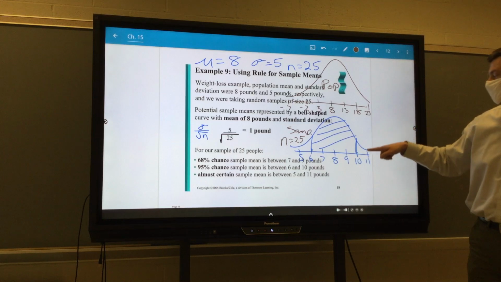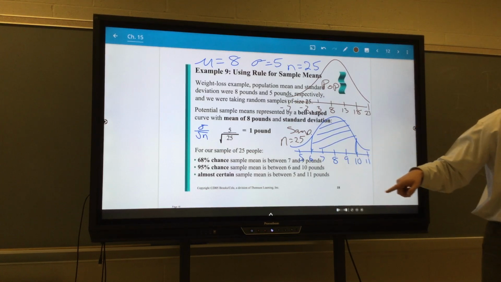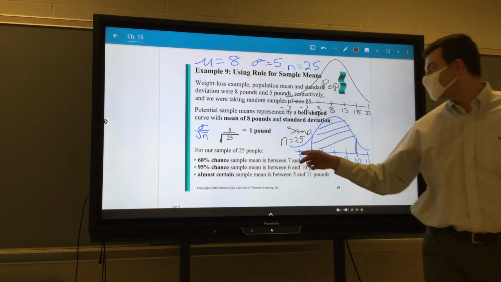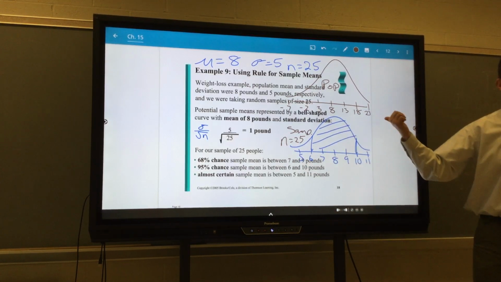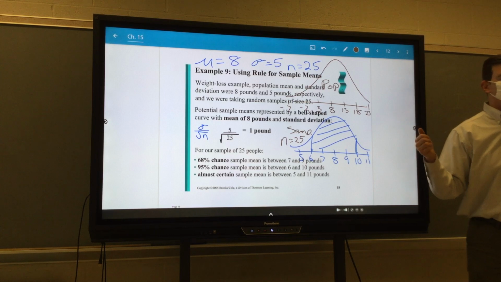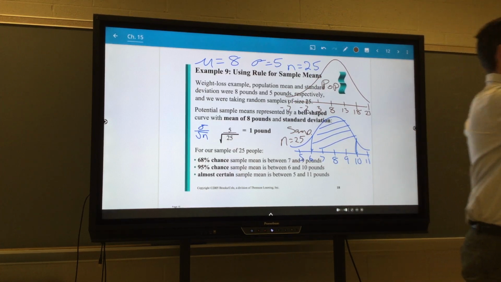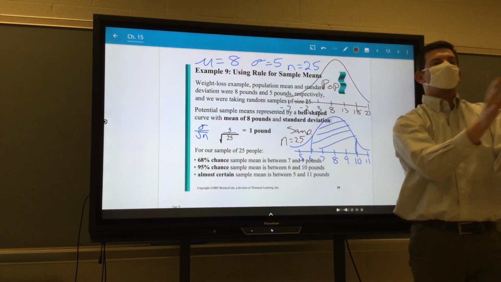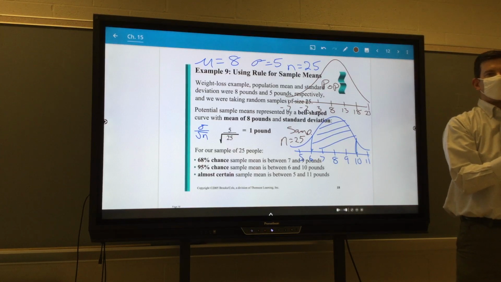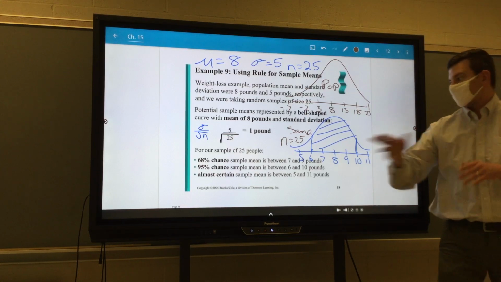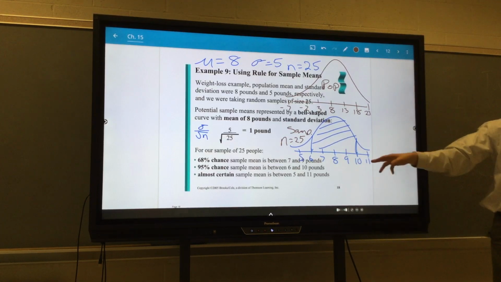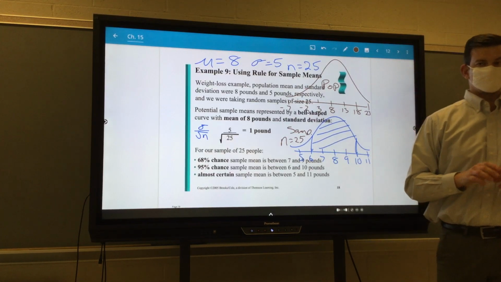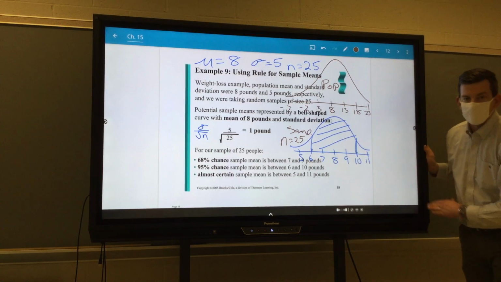To get 23 on this sampling distribution, that would mean you have a sample that would average a weight loss of 23 pounds. So you're not just getting the random person who loses 23 pounds, but instead a sample of 25 people where the average in that sample is a weight loss of 23 pounds. That would be incredibly rare.